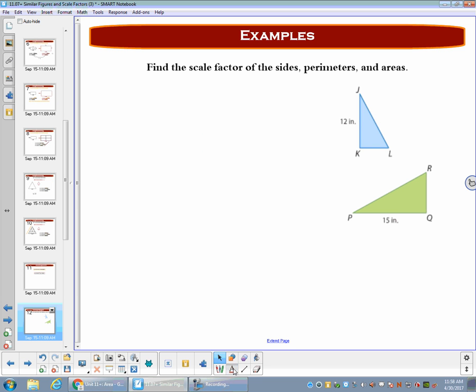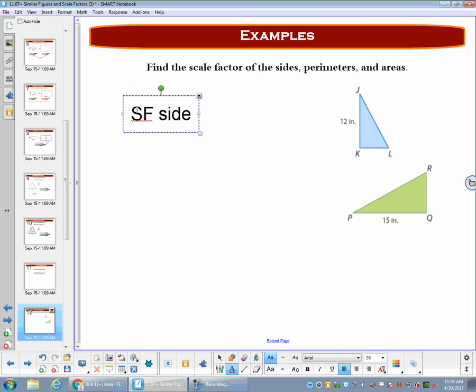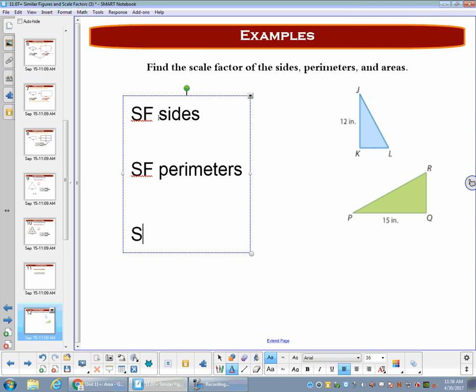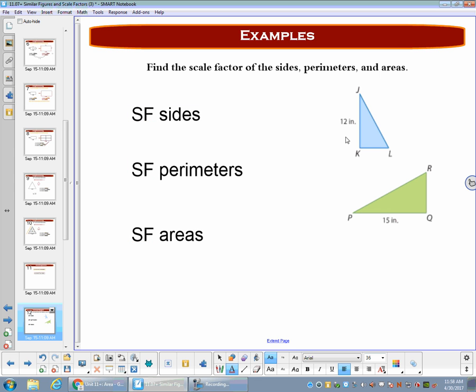So when I start problems like this, it says find the scale factor for the sides. So I'm going to do SF sides, and then scale factor for the perimeters, and scale factor for the areas. Now, we don't know exactly what the perimeter is going to be because we don't know these sides, but we know the scale factor for the sides is going to be 12 to 15.